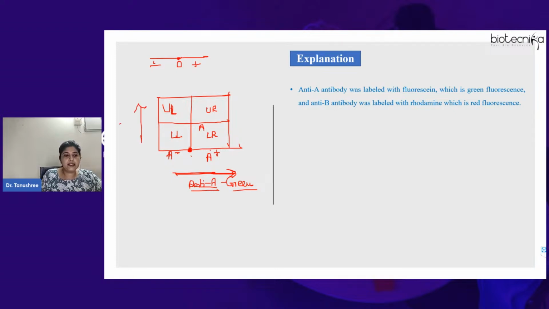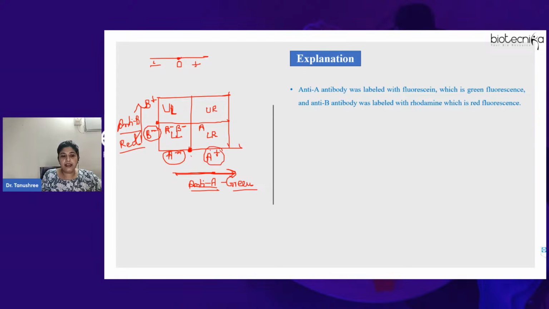Similarly, on the y-axis, we can plot the NTB antibody, which is labeled with rhodamine, which emits red fluorescence. Again here, this quadrant will indicate absence of B, but this quadrant indicates presence of B. So if you write the combinations, this quadrant will always be double negative.